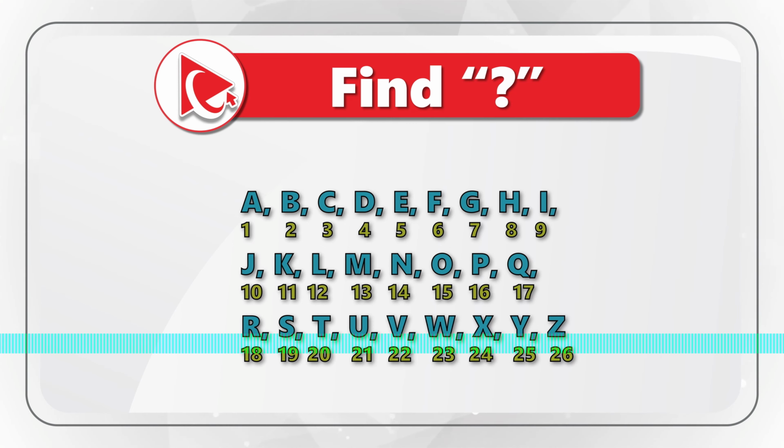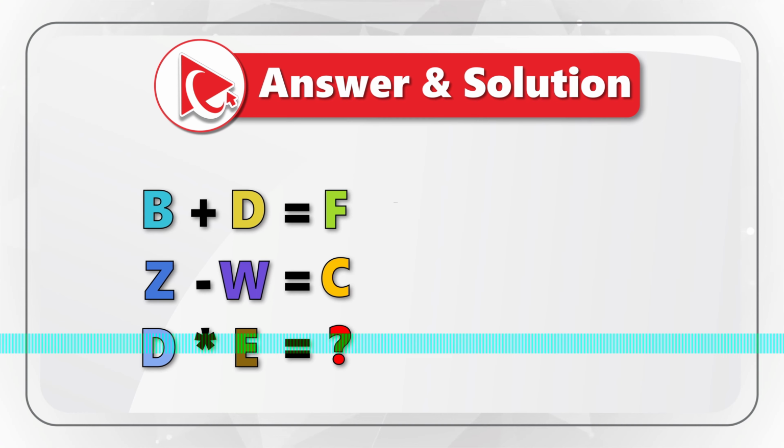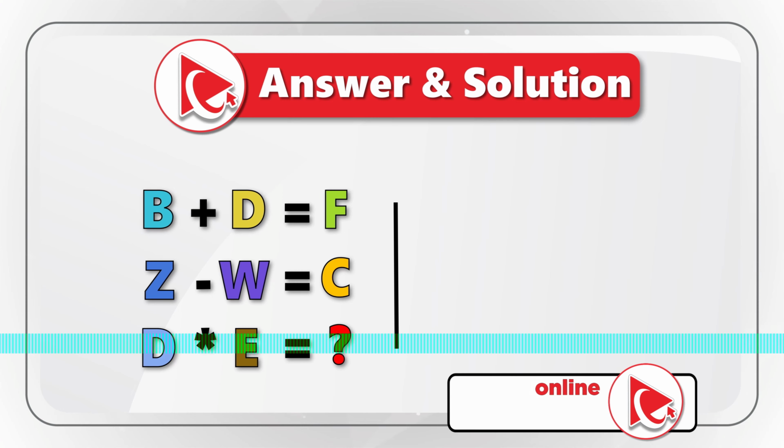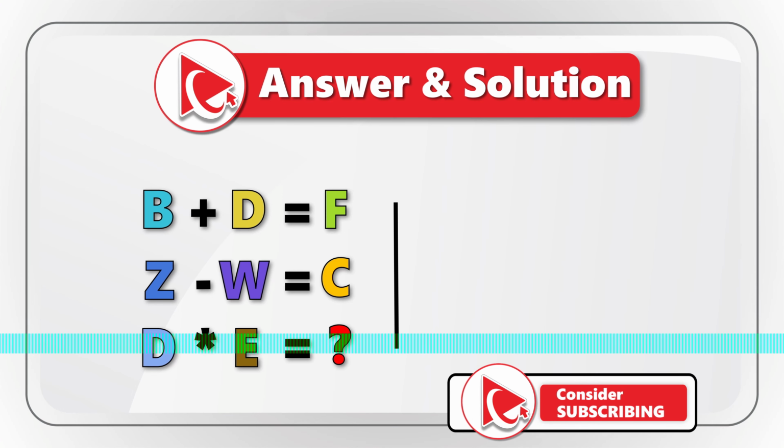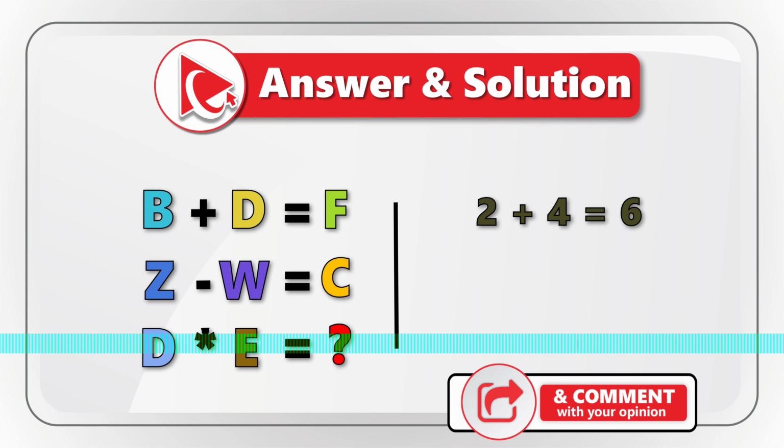With this cross-reference, let's see if we can get a better conversion between letters and numbers. For example, expression B plus D equals F, in reality, after conversion, would be 2 plus 4 equals 6, which makes mathematical sense. Let's look at the second one.